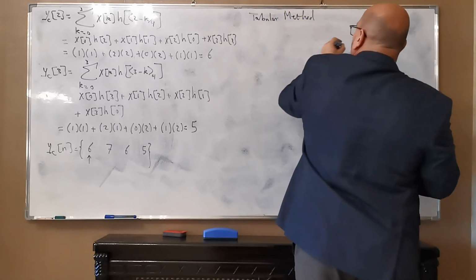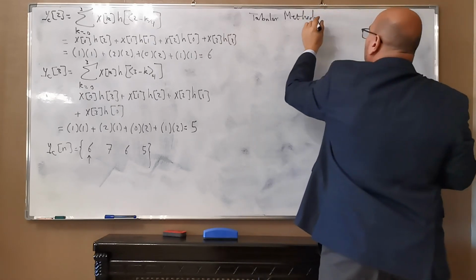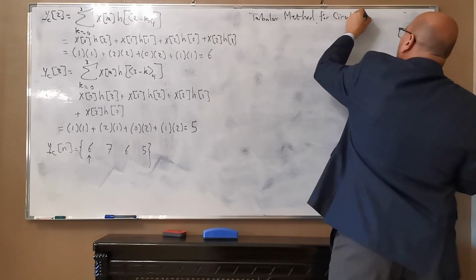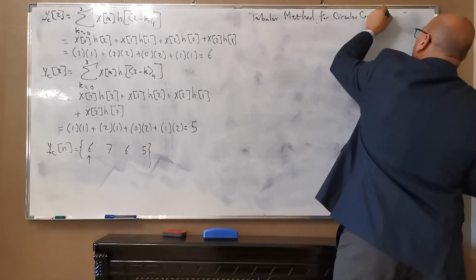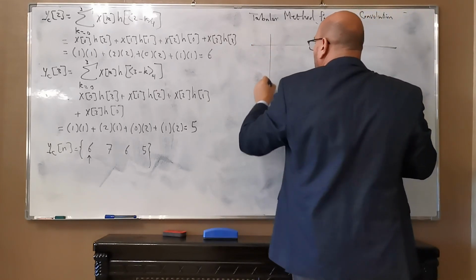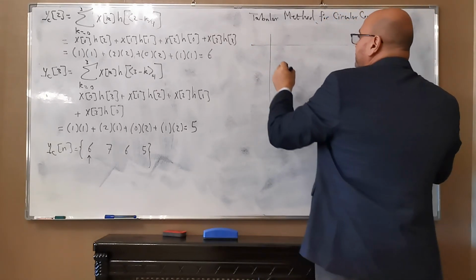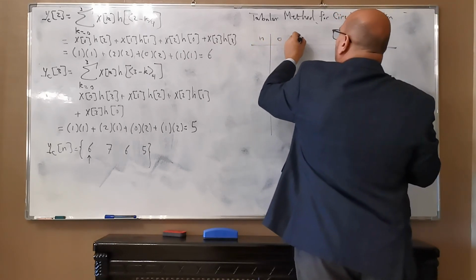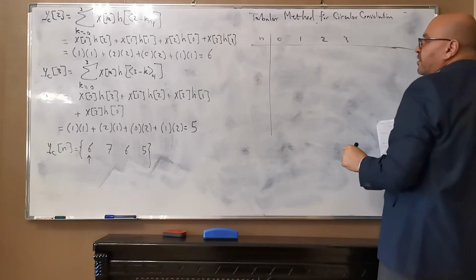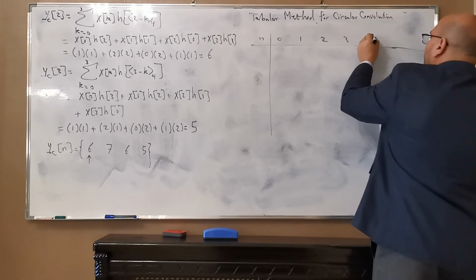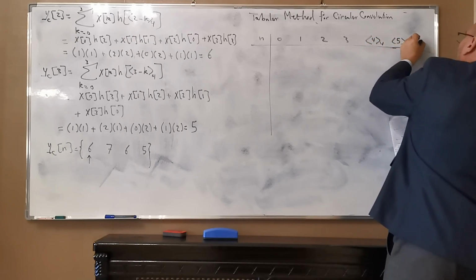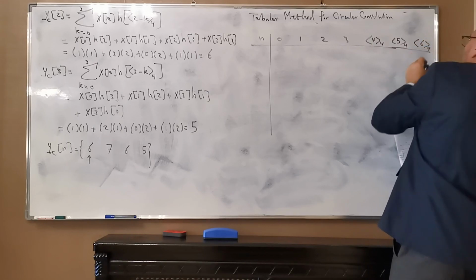Okay, to do the tabular method for circular convolution, I will do the same as we did before. You have the table, you have n here, 0, 1, 2, 3, but because you have only n equals 4 in this case, you have here 4 modulo 4, 5 modulo 4, and 6 modulo 4.